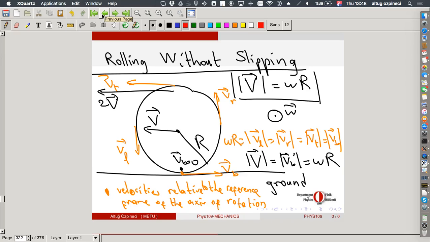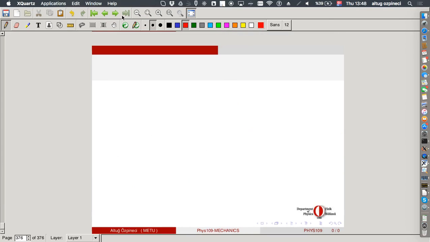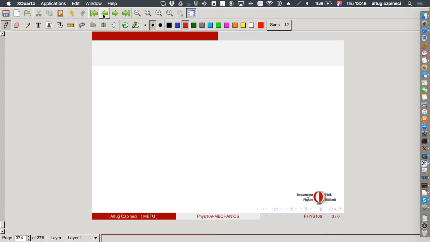At some point you said the derivative of angular momentum with respect to time gives torque. Yes. You mentioned there are cases where it's not. Now, you see, torque is always equal to dL by dt. This is always true.